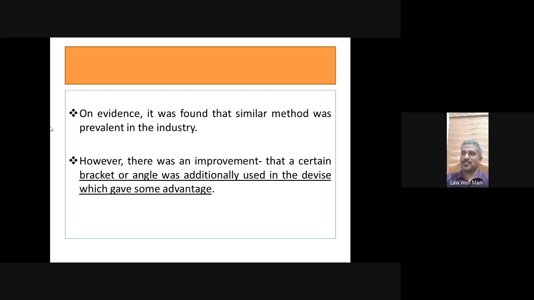Put it in different words. What should be the quantum of technical advancement so as to constitute inventive step for the purpose of patent?